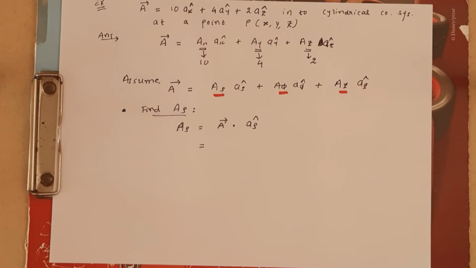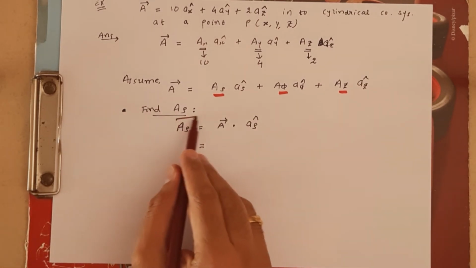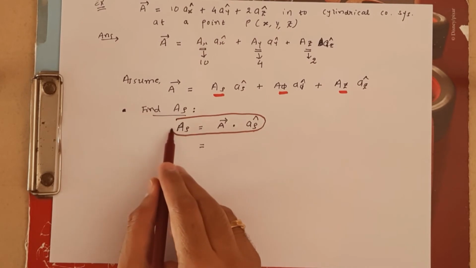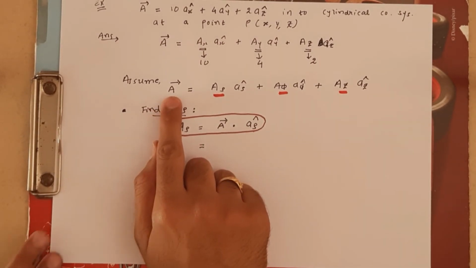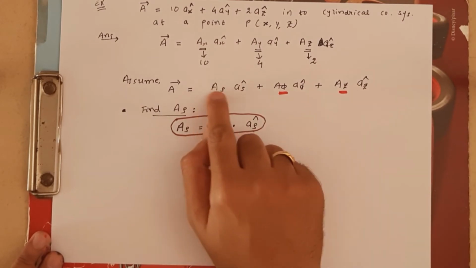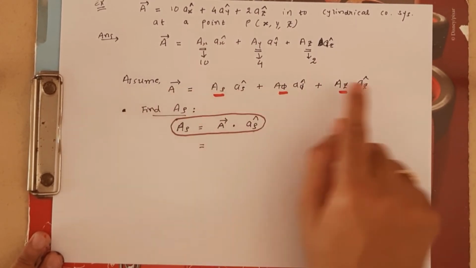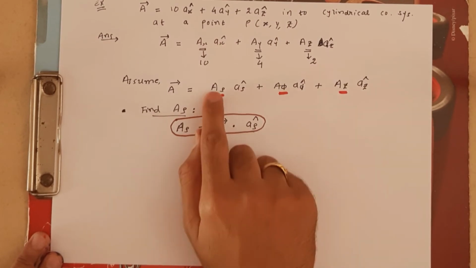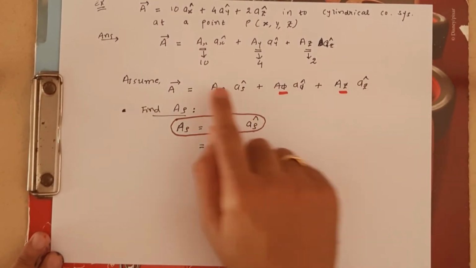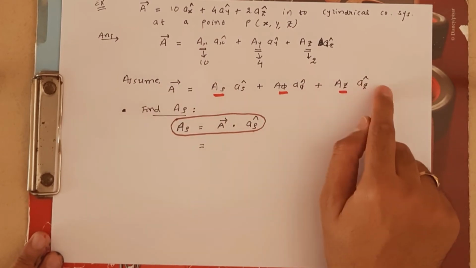How does it come? See here, this one is our assumed vector. I have to take the dot product with a rho on both the right hand side and the left hand side.